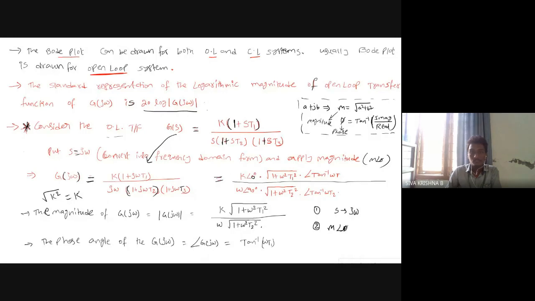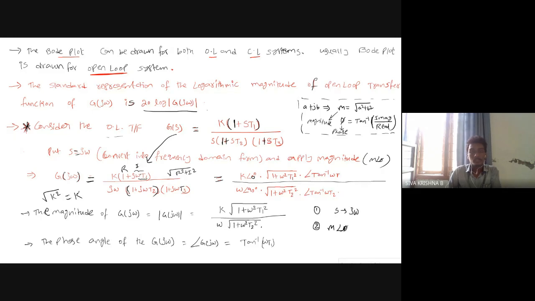So the next one is 1 plus j omega T1. Here you will have a complex term, with a real part and an imaginary part. Magnitude means square root of real part square plus imaginary part square. The real part is 1, so 1 square is 1, plus the imaginary part, which is this term excluding j. Don't include j. The imaginary part means only the remaining part, excluding j.